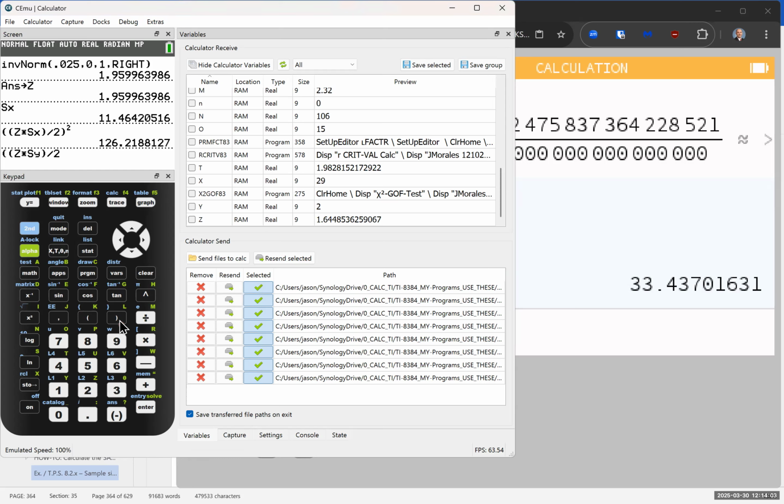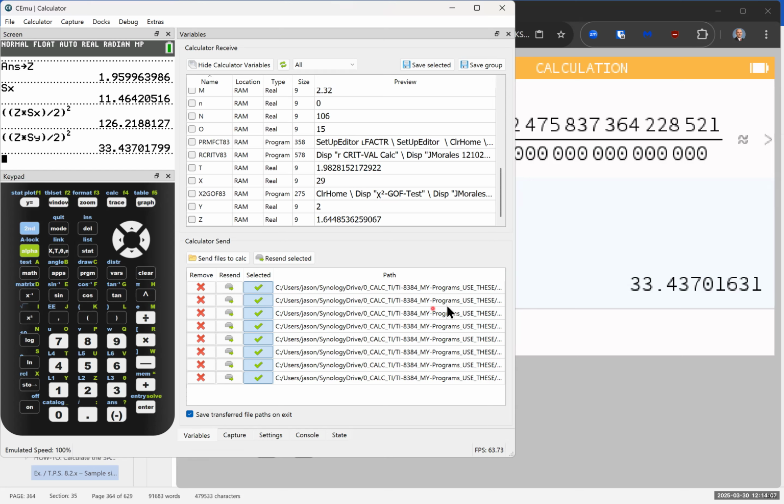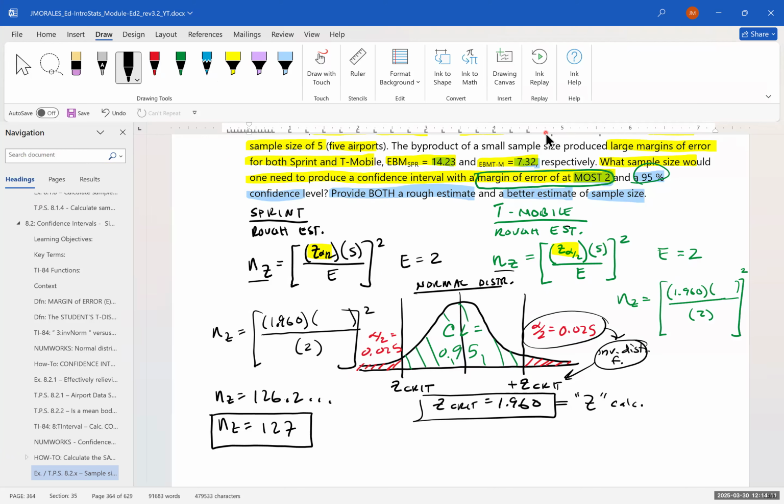Divided by 2, squared. 33.4. All right, so the sample size here, 33.4 and some change, which we round up to 34.